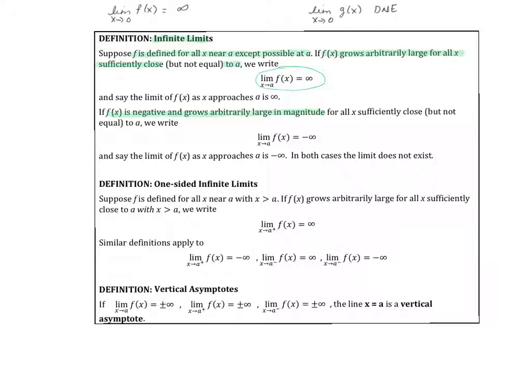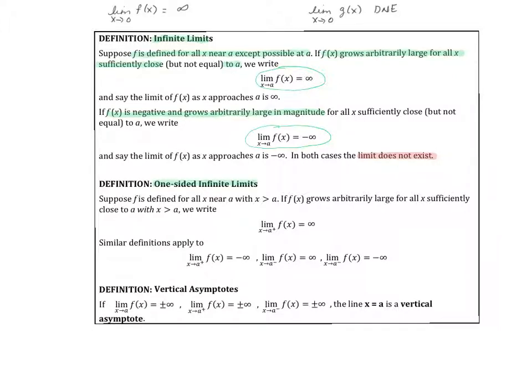So if the absolute values are getting larger and larger, but the values themselves are negative, then we write the limit as x approaches a of f of x is equal to negative infinity. Keeping in mind that in both cases, the limit does not exist. However, we keep it as positive and negative infinity because it tells us a lot about our graph.